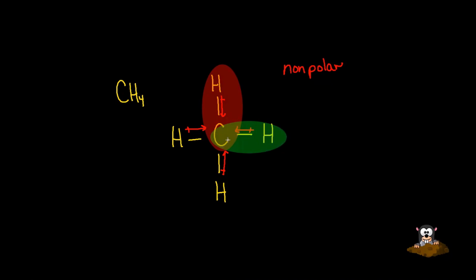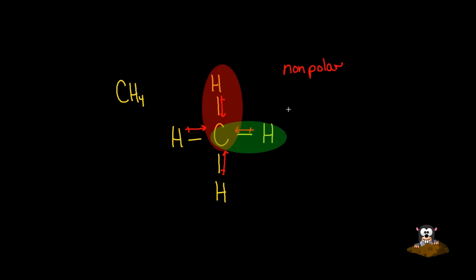We have carbon and hydrogen, carbon and hydrogen, carbon and hydrogen, and carbon and hydrogen. So because we have the same bond happening, we know that they're not going to be more electronegative than the other. This carbon and hydrogen bond right here is not going to be any more electronegative than this carbon and hydrogen bond right here.